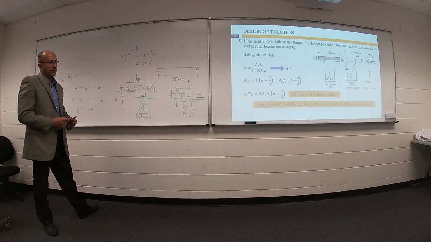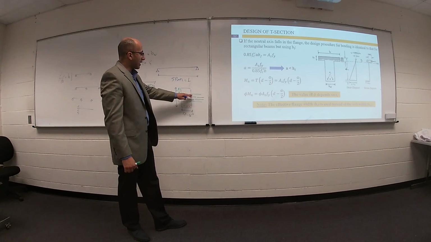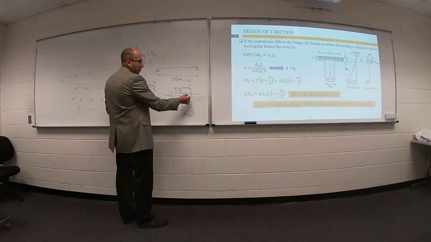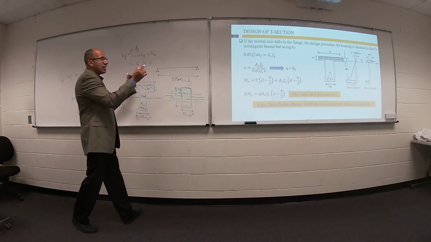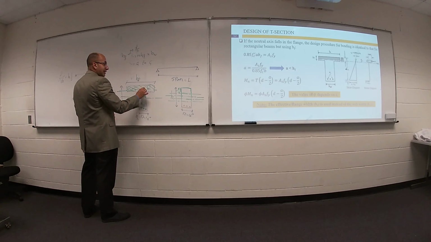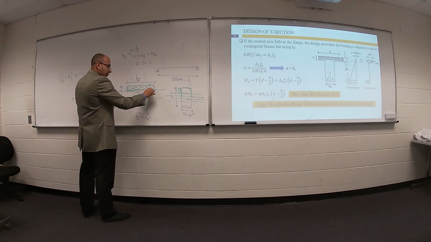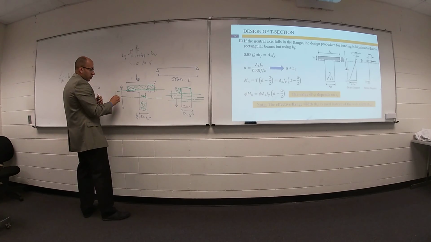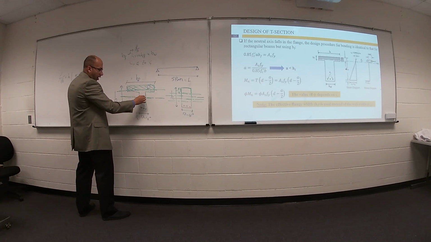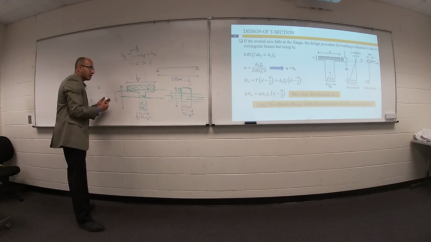But in your rectangular section, it doesn't matter. All of them are rectangular, all the same shape. But here we have a big difference. If your neutral axis is in the flange, this part is under compression. If your neutral axis is here, wow, we have this part under compression. So we have different shapes. It's more complicated.